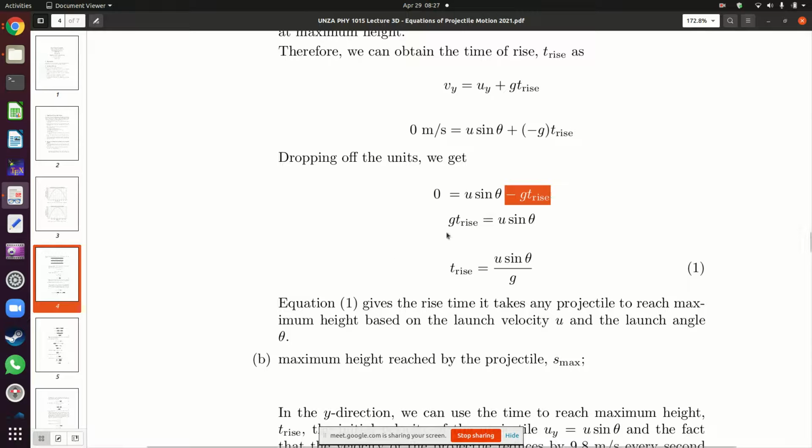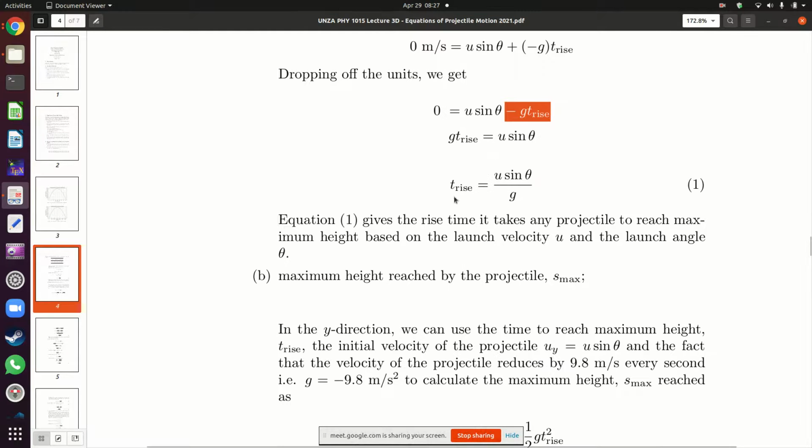We take it to the other side, and you end up with g rise time equals u sine theta. Then you divide both sides by g. When you divide both sides by g, you end up with t rise equals u sine theta divided by g. This is the formula you use to find how much time it is going to take your projectile to rise to maximum height.